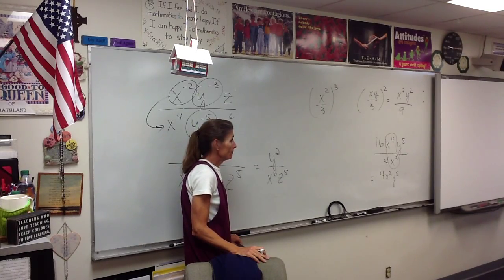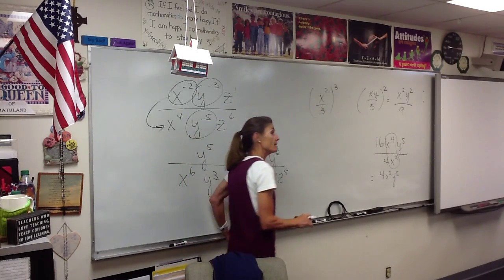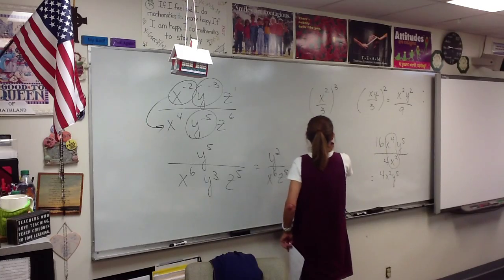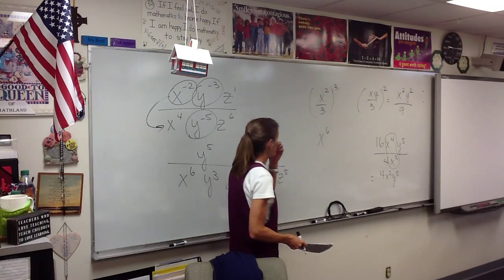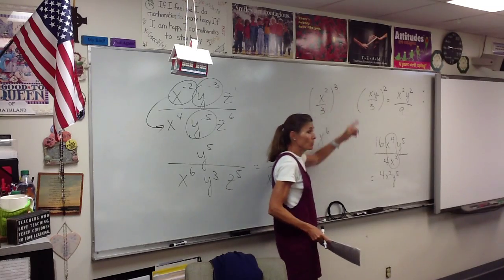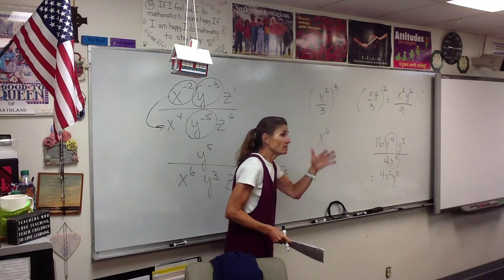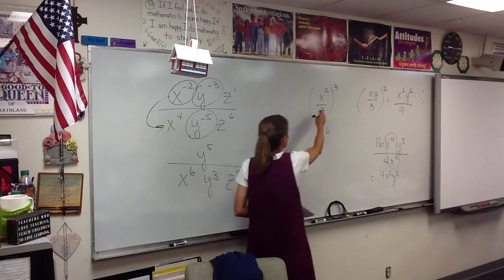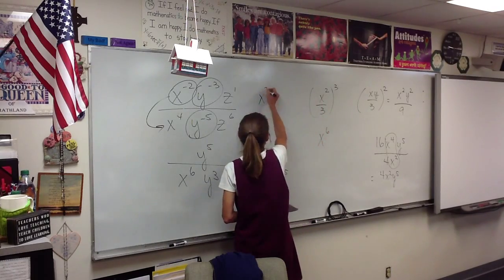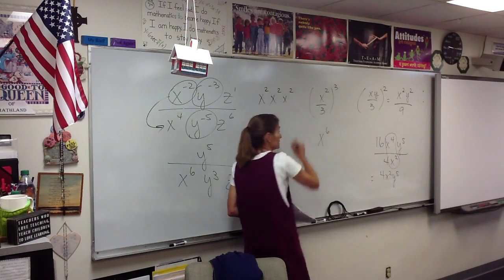Not too hard. What's on top? X to the 6th. Now again, if you remember your properties of exponents, when you raise a power to a power, you multiply. But if you forget the properties, it's okay. This means x squared 3 times.